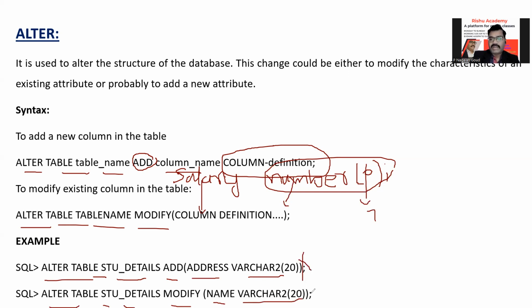So based on the already created table, whether you want to increase or decrease the size, we can modify the definition of the existing column, that is modify. Or we can add a new column to the existing table. These two are possible with the help of the alter command of DDL language, right? This is about the alter command.